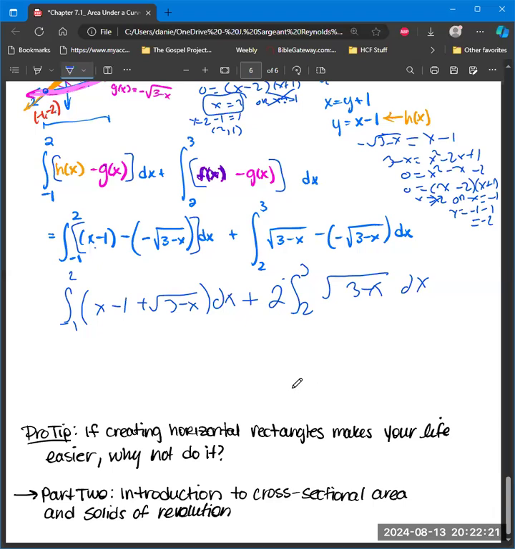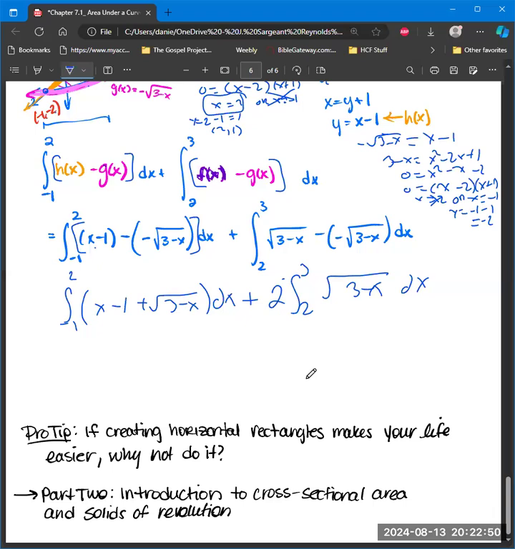And so next time we're going to come back and talk about cross-sectional areas and solids of revolution. We're going to focus in on 7.2, which deals with the disk and washer methods, where your rectangles or your representative area is perpendicular to your axis of rotation.